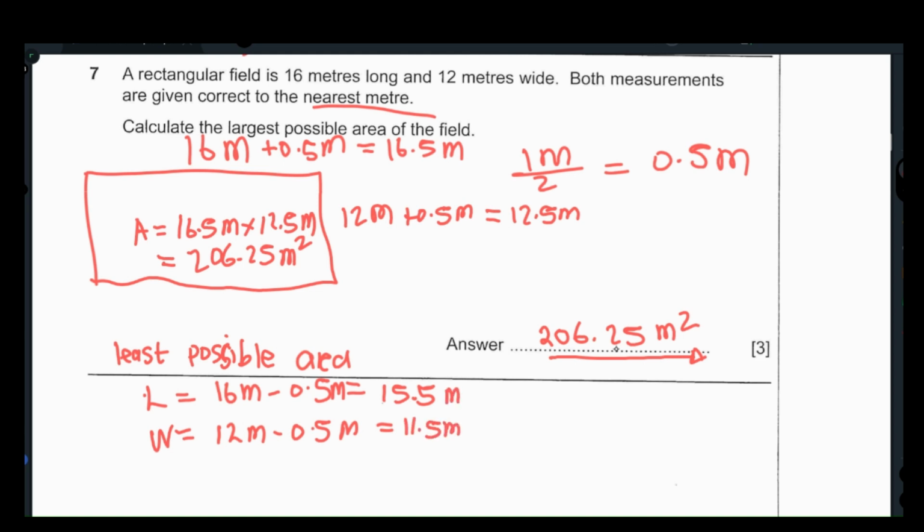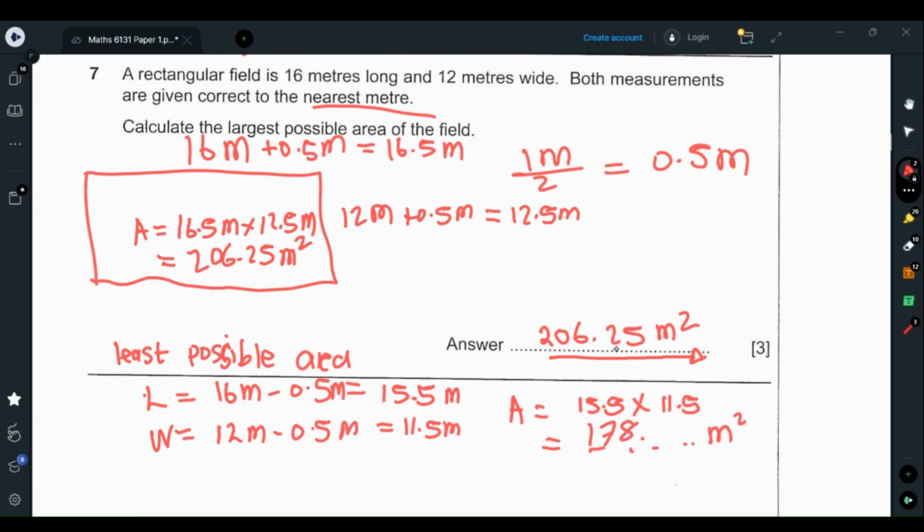So go ahead and calculate the area from here. It would be 15.5 multiplied by 11.5 and that is 178.25. You can see it's the least possible area because it's less than the largest possible area.